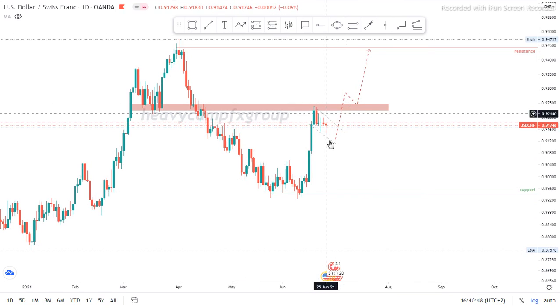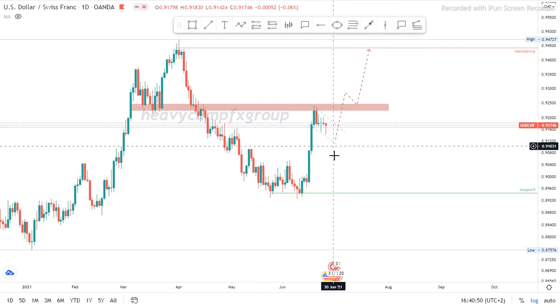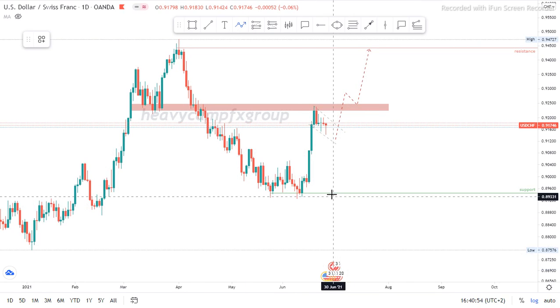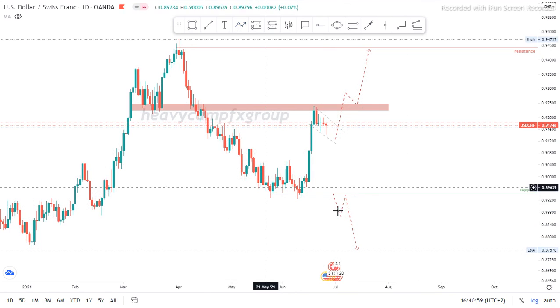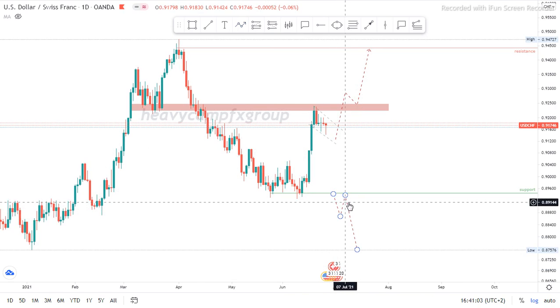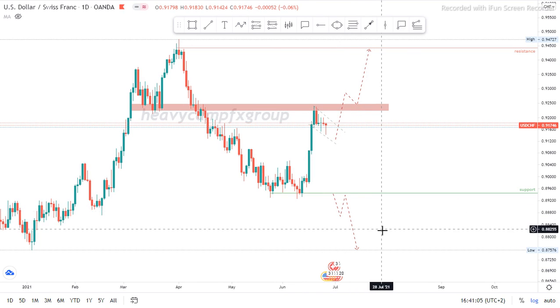So in a situation where the market pushes lower, we will only be looking for sells if the market pushes below this double bottom pattern. So if the market breaks this low, comes back for a retest, that's the only time we will be looking for sells.